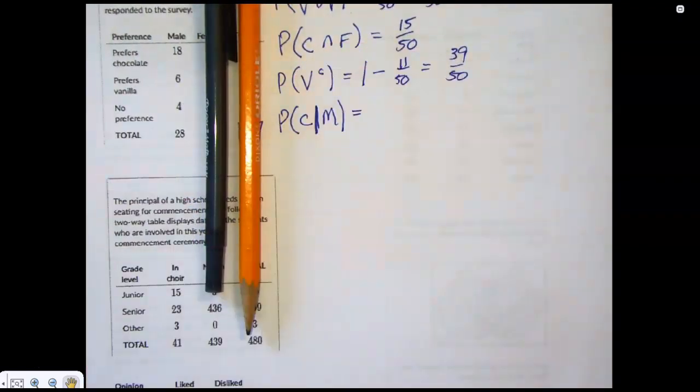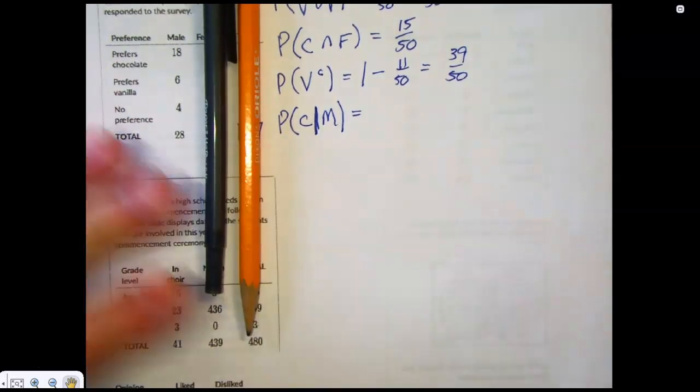Nothing matters except the male column. Out of the males only, what's the probability that someone prefers chocolate? Well, how many people prefer chocolate? 18. How many males are there? 28. So it narrows your focus and tells you you're only looking in this one spot.